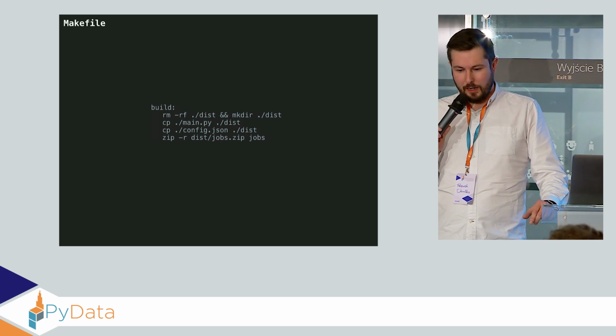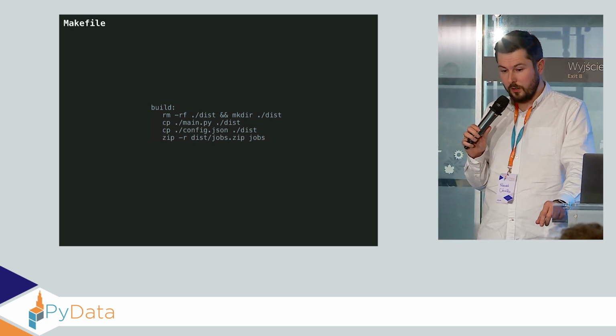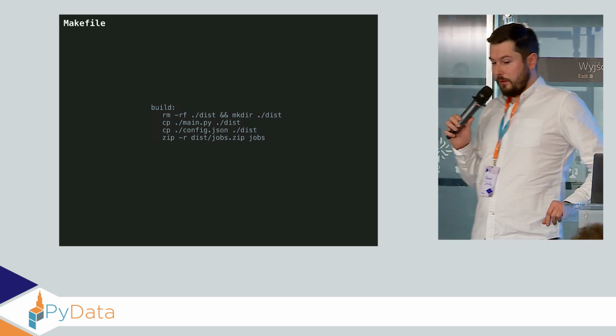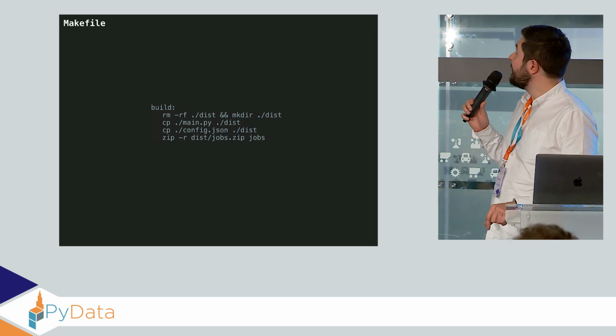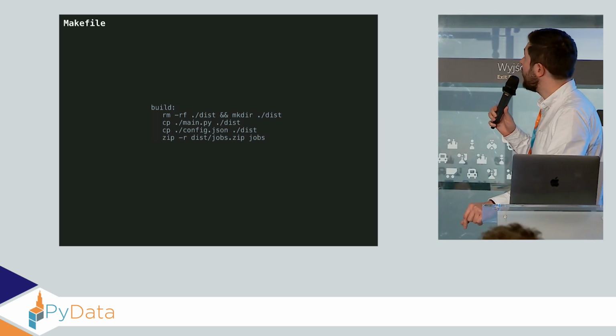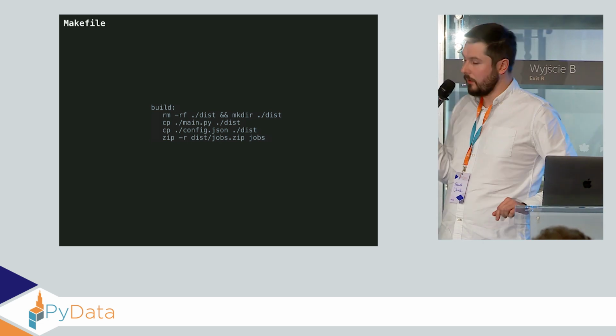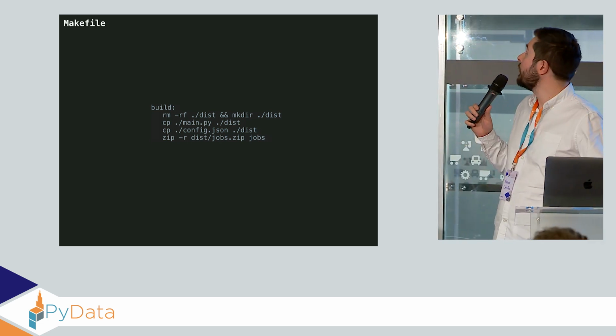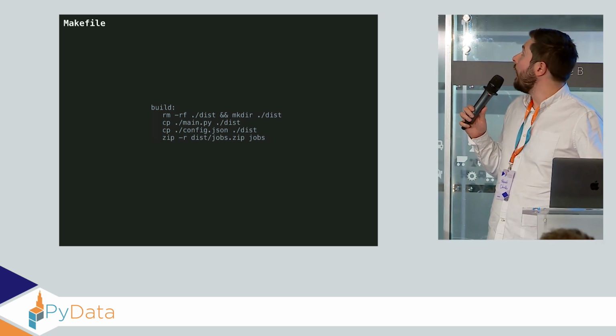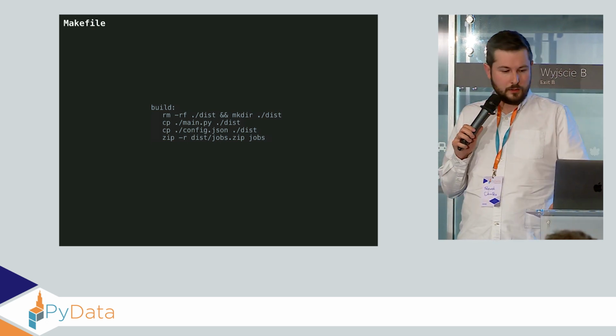As you can see here, what we are doing is creating a new dist directory in our application and copying all of the files there. And we are also creating this jobs zip file as well.